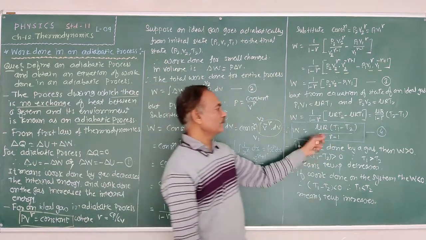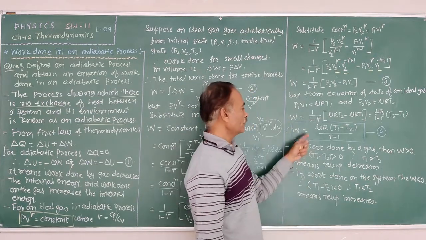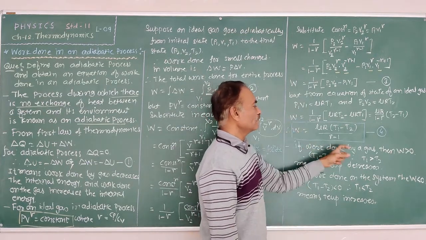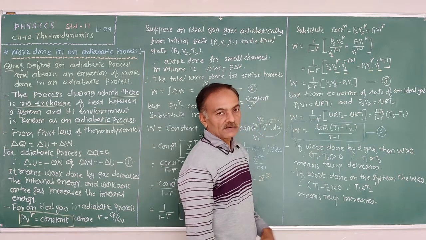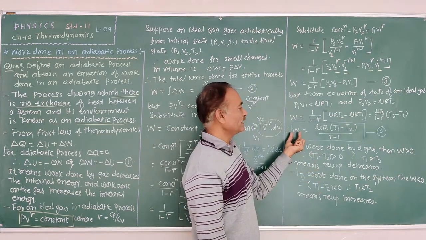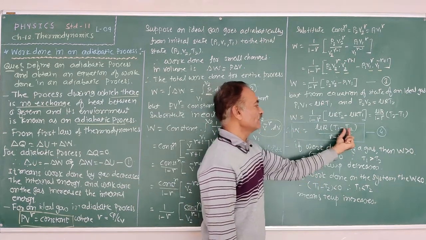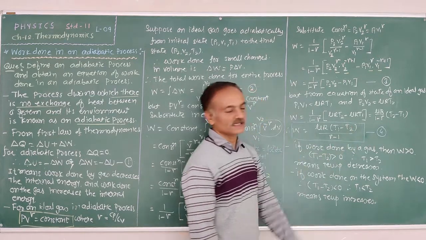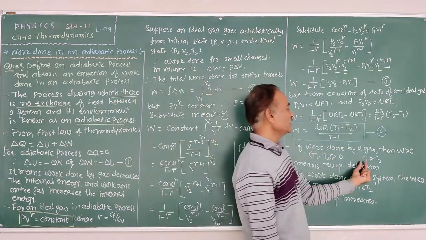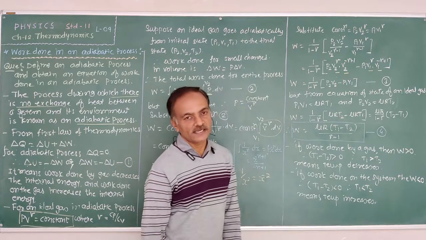For the adiabatic process, if the work done by the gas on the environment, W, is positive, then T1 minus T2 is greater than 0. It means that T1 is greater than T2.